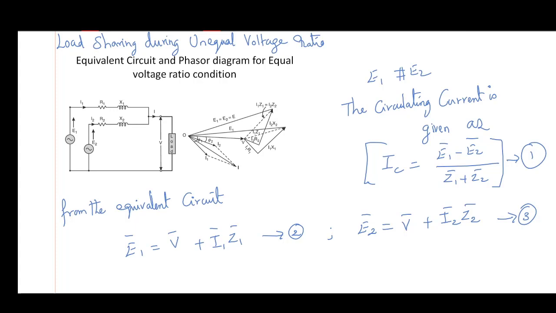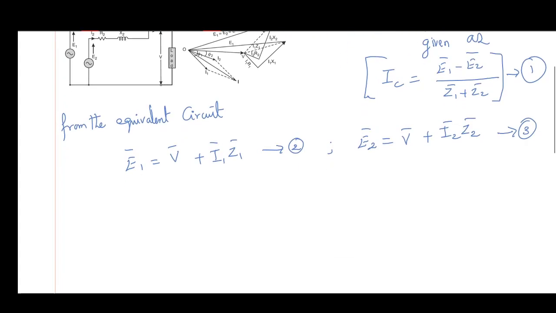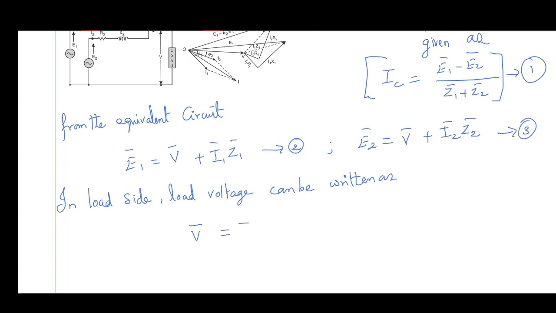Let's see what the corresponding load voltage will be. On the load side, the load voltage V vector is equal to I vector, that is the total current, into the load impedance ZL vector.